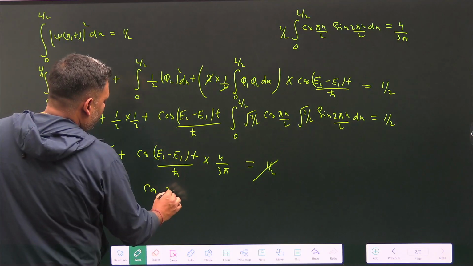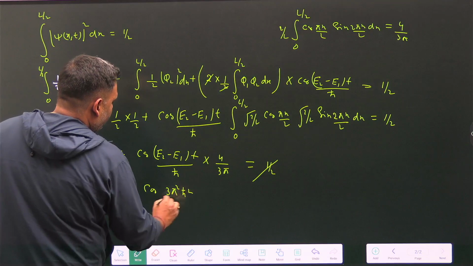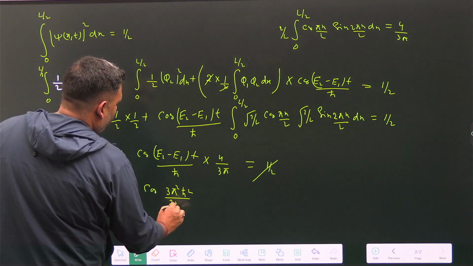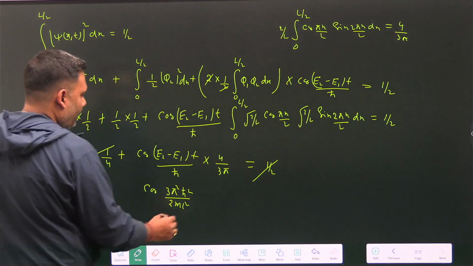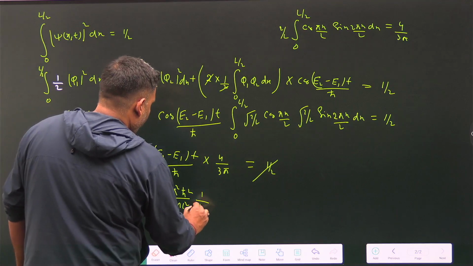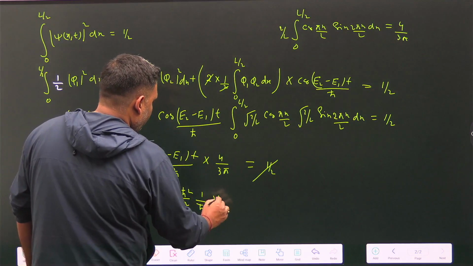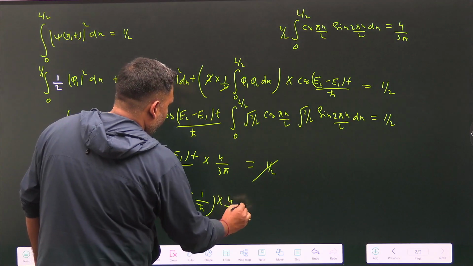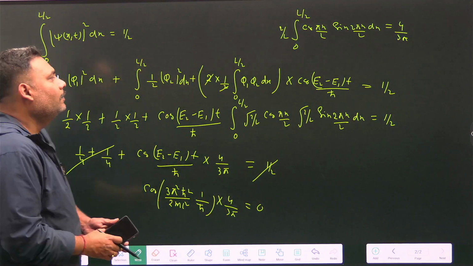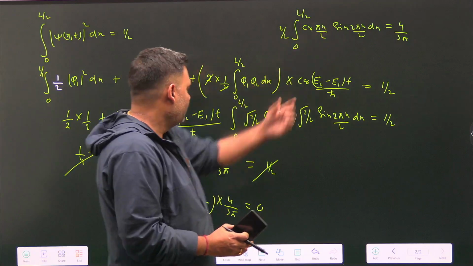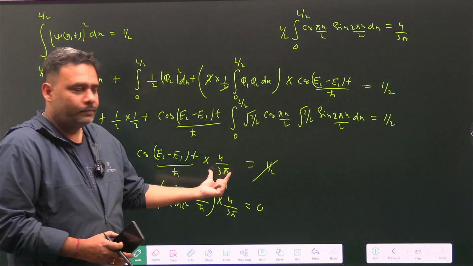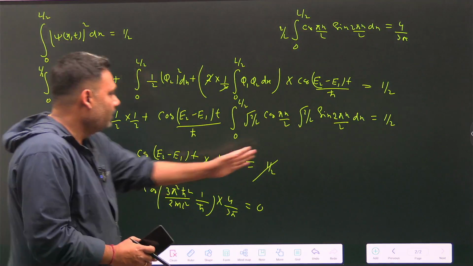So this is 3 pi square h cut square upon 2 m L square, and we have 1 upon h cut also there, into 4 upon 3 pi is equal to 0. And if you are not able to do this integration, it is also not useful in the calculation, because this term and this term are cancelled out.